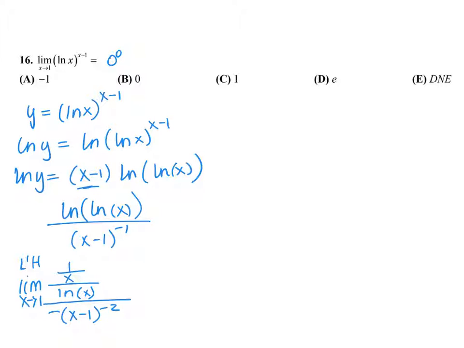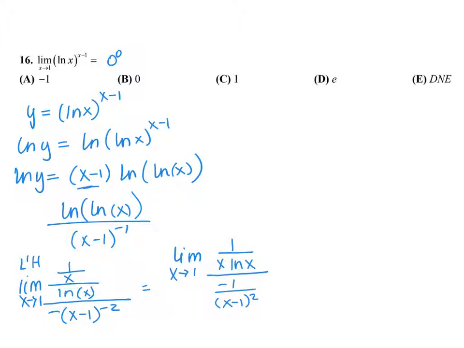So here, simplifying, we have the limit as x approaches 1 of 1 over x times natural log of x, and then that is all over negative 1 over x minus 1 squared.